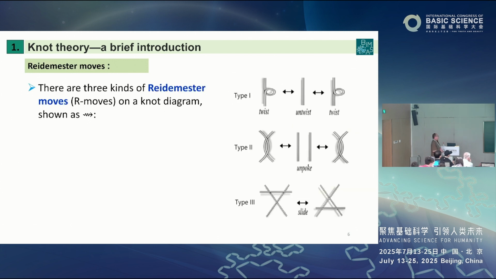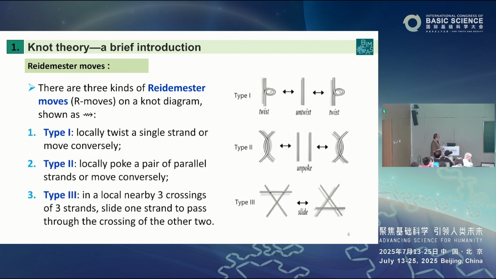There are three kinds of Reidemeister moves on a knot diagram shown in this picture. Type 1 is just from twist to untwist.